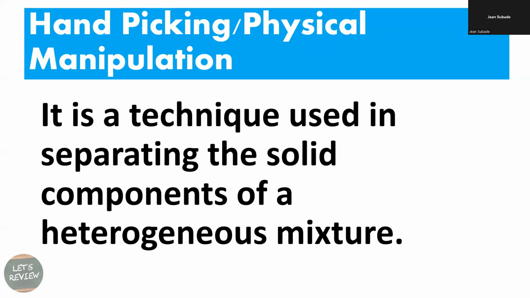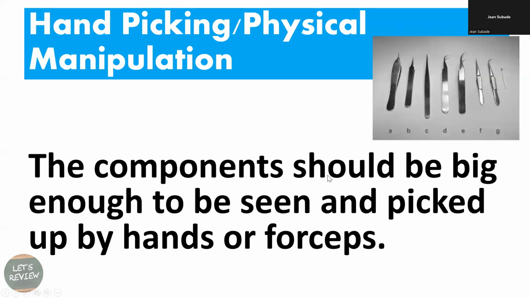It is a technique used in separating solid components of a heterogeneous mixture. Sometimes you may also use tools like forceps. If the components are big enough to be seen or picked, then you may use your hand or an instrument like forceps.